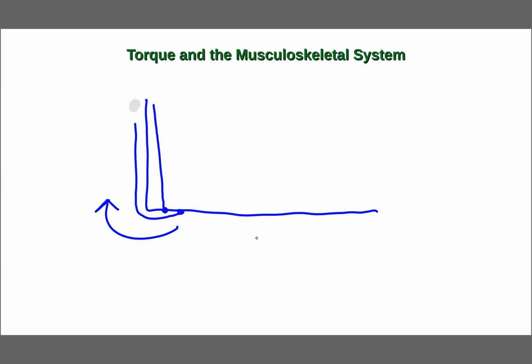So for something like a bicep, if this is your arm and you're holding some weight out here in your hand, okay? For something like your bicep, this distance from the elbow pivot point to where the bicep attaches, I think is usually around 4 centimeters.